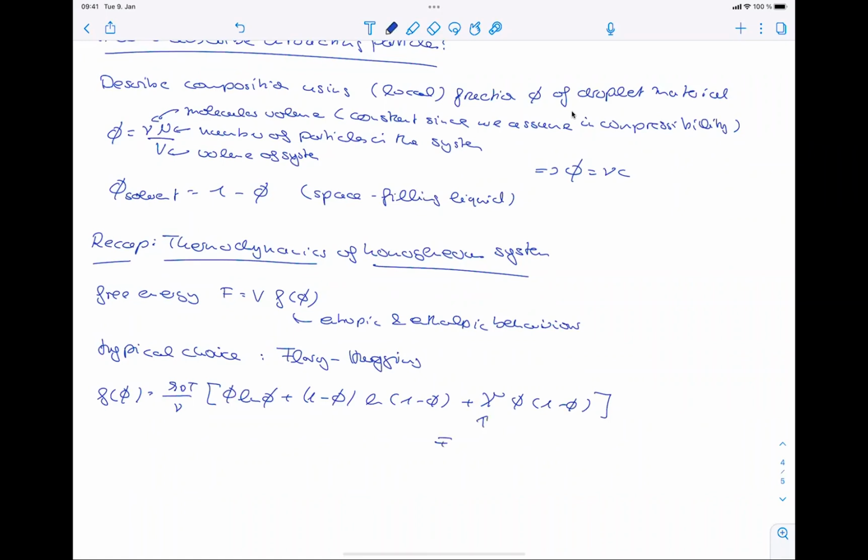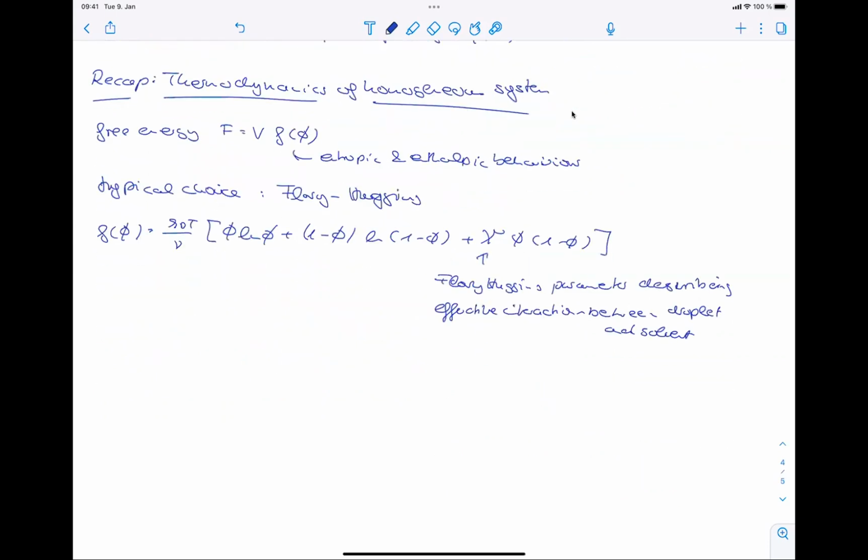This is the Flory-Huggins parameter describing the effective interaction between droplet and solvent. And so from this free energy, we can now compute both chemical potential and pressure, and those two we need.